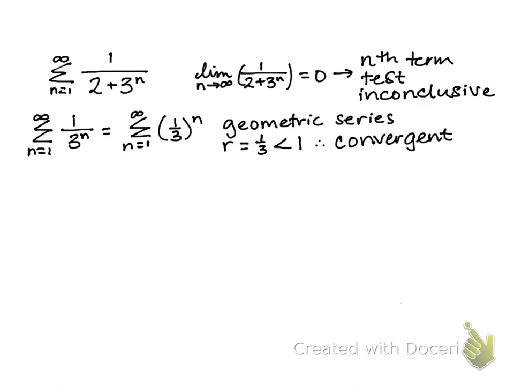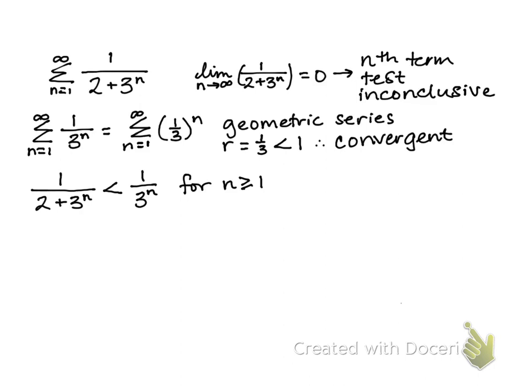Well, I know that 1 over 2 plus 3 to the n is less than 1 over 3 to the n for n greater than or equal to 1. And I can prove this.